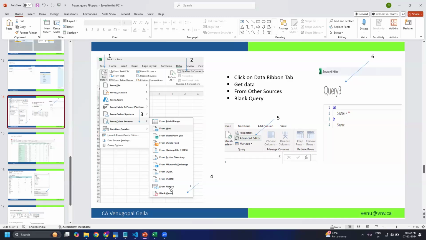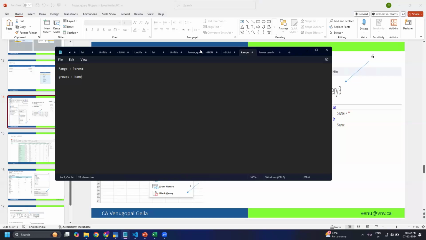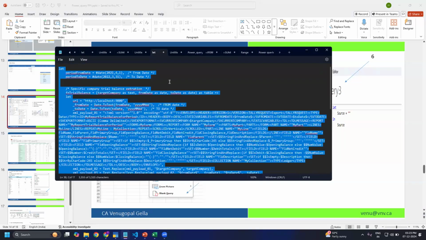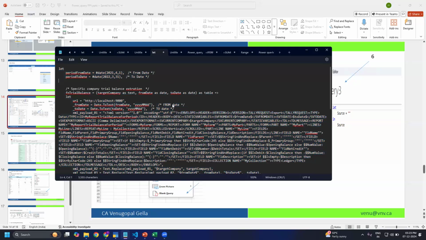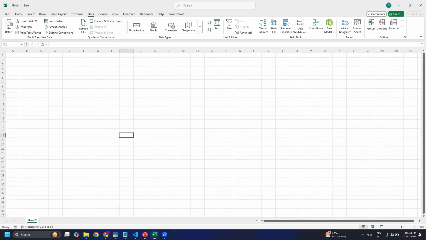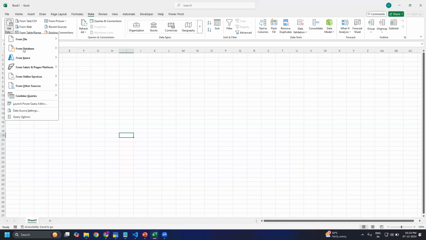Here we have to paste this M language query. It looks like this, and I'm going to paste this query. Copy Query to Excel, Control A, Control C.